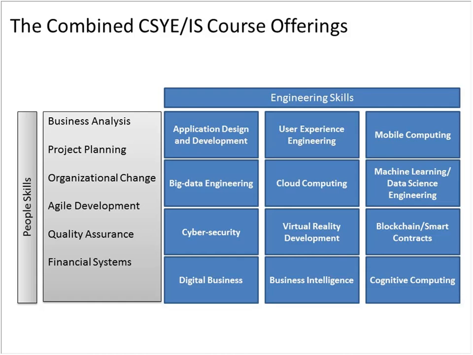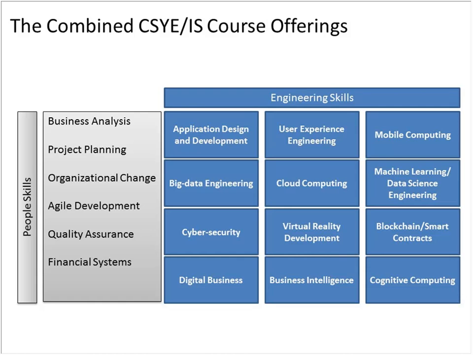However, we do offer a multitude of courses, what we call people skills, of a managerial nature, as I explained earlier. That includes the business analysis I mentioned, project planning, organization, agile development, financial systems, communications, and the like. On the technical side, we have over 30 different topics that we offer in our program in these different categories.